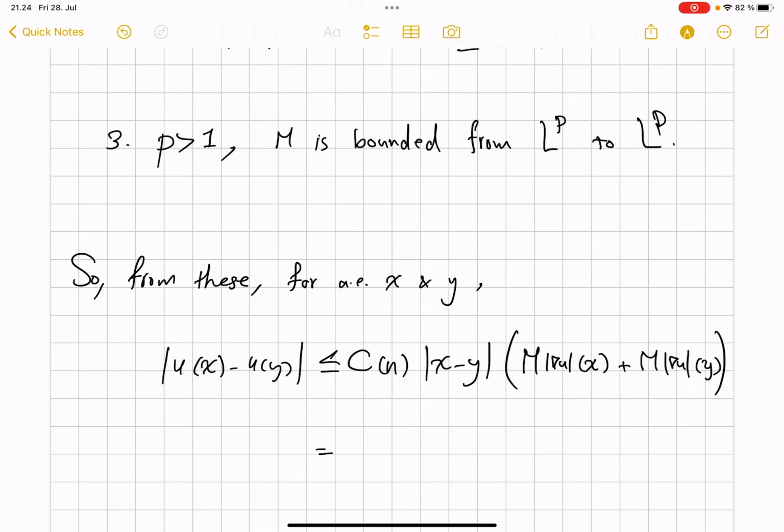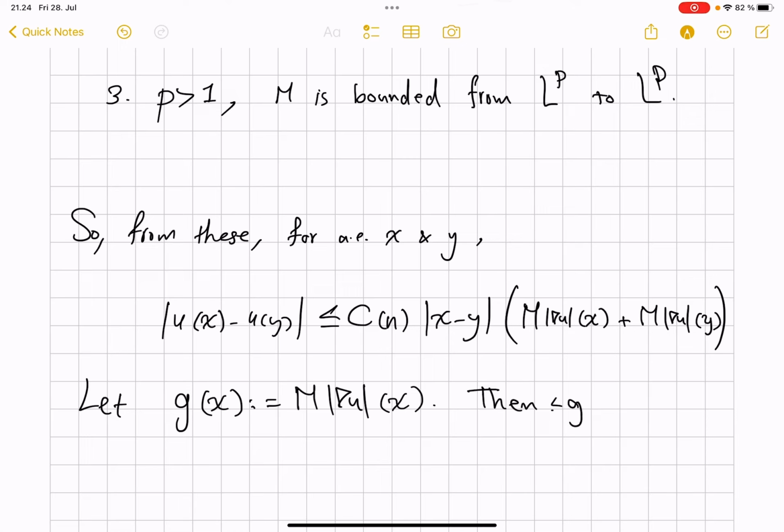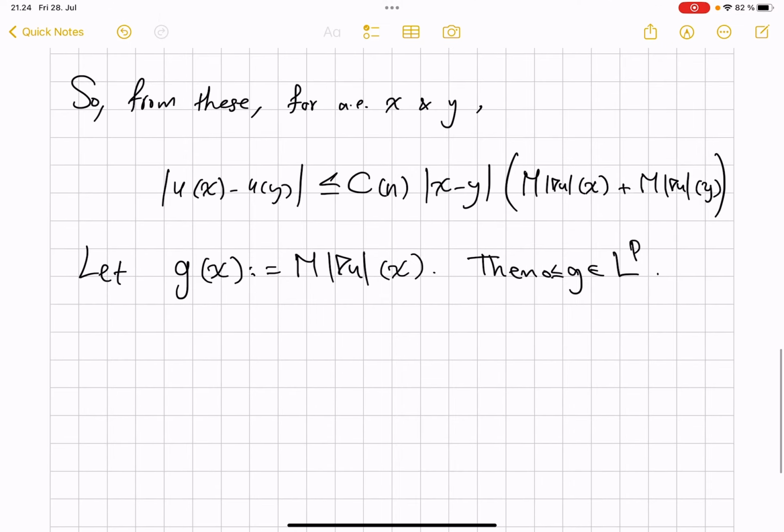But then if we define g of x to be just the maximal function of the gradient evaluated at x, then g is non-negative by definition, and it is in L^p by fact 3, which is barely visible on the screen. That gives us that for almost every x and y we have this.